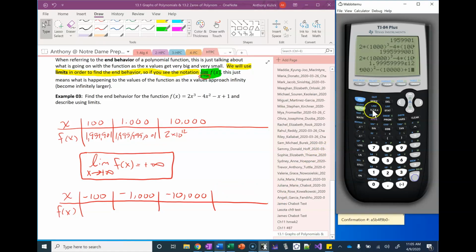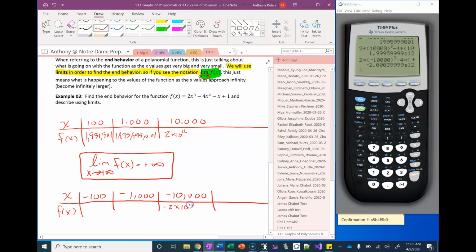So if I press second and enter, I'm just going to start with negative 10,000 because it's going to make it a little bit easier typing these things in, to just insert that negative sign first without having to delete anything. So I get about negative 2 times 10 to the 12th.